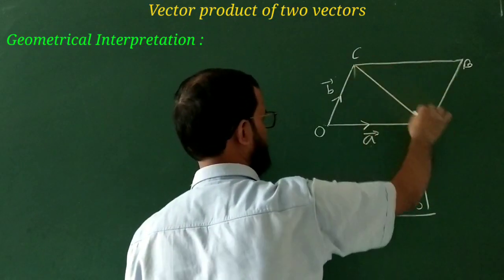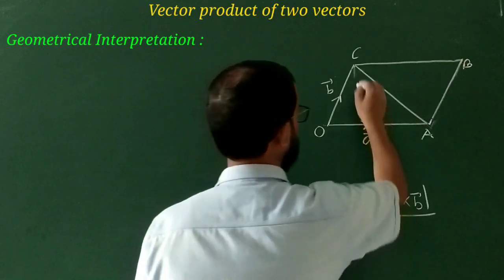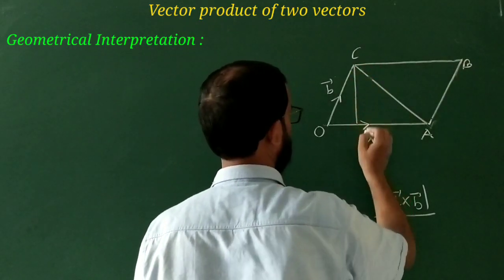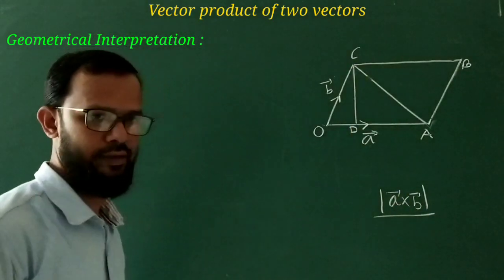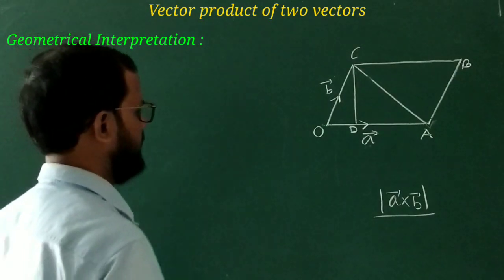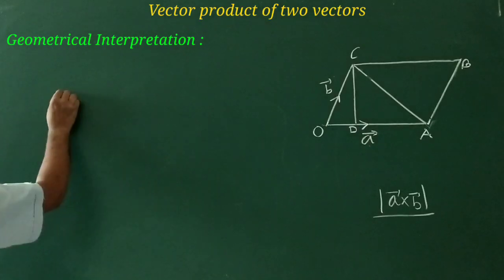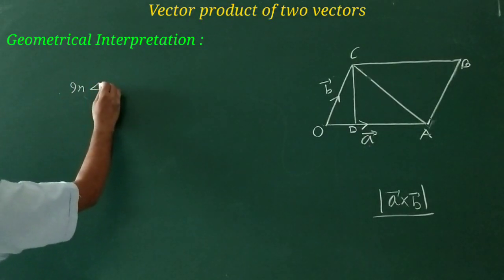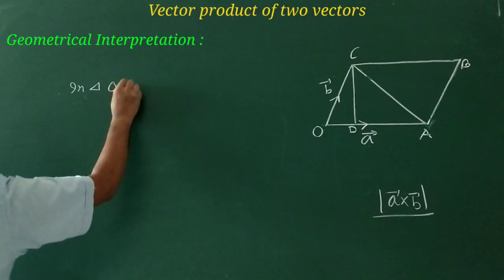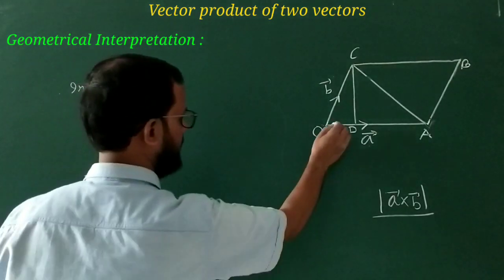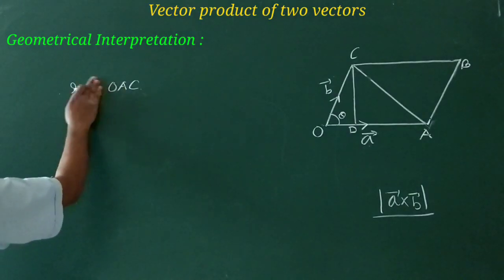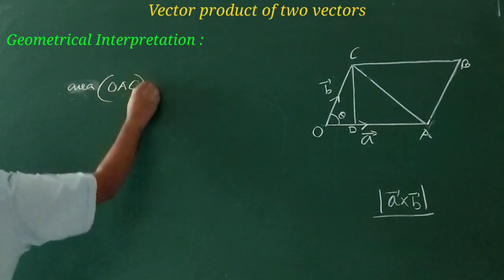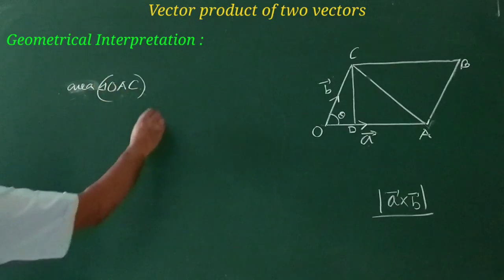We join these two points, this diagonal, and we draw a perpendicular, suppose CD, perpendicular CD on OA. Now in triangle OAC, suppose this angle is theta. In triangle OAC, what is the area?